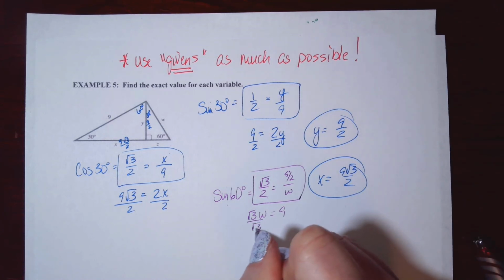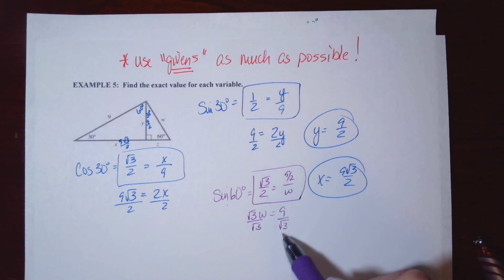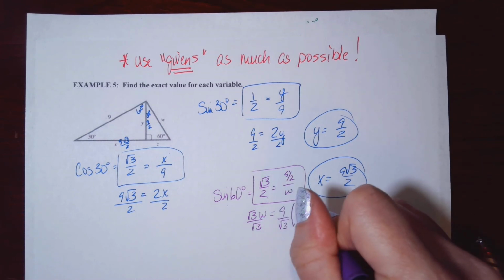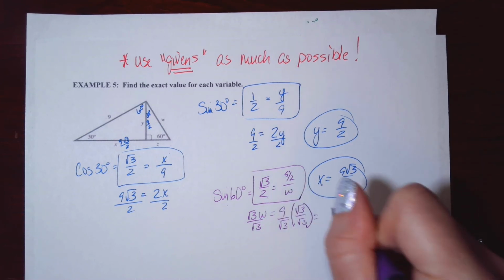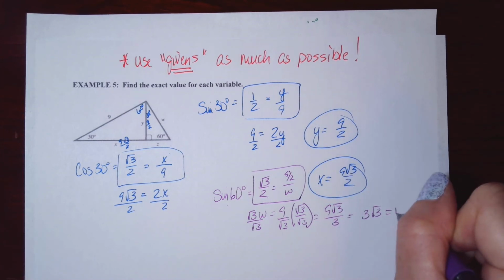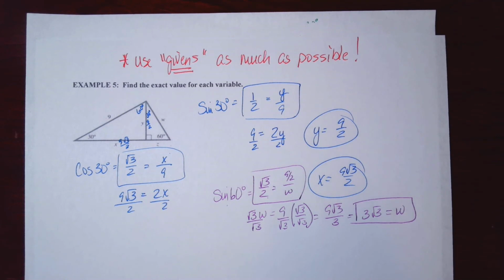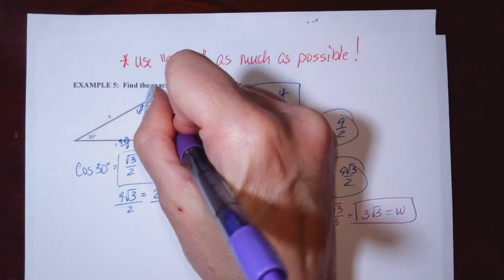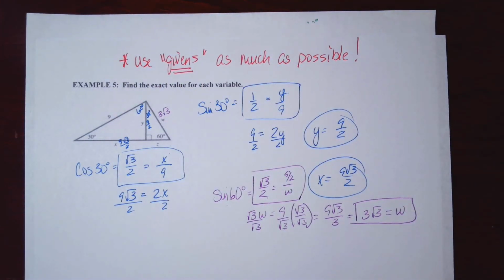When I divide both sides by square root 3, I get 9 over square root 3, and I'm going to have to rationalize that. 9 square root 3 over 3 simplifies to 3 square roots of 3 for my value for W. And now I've got to figure out Z.